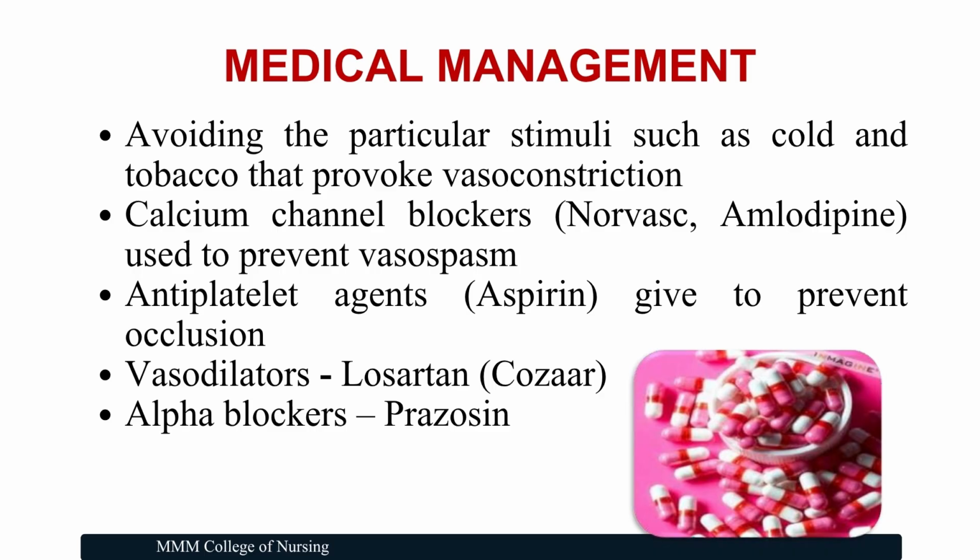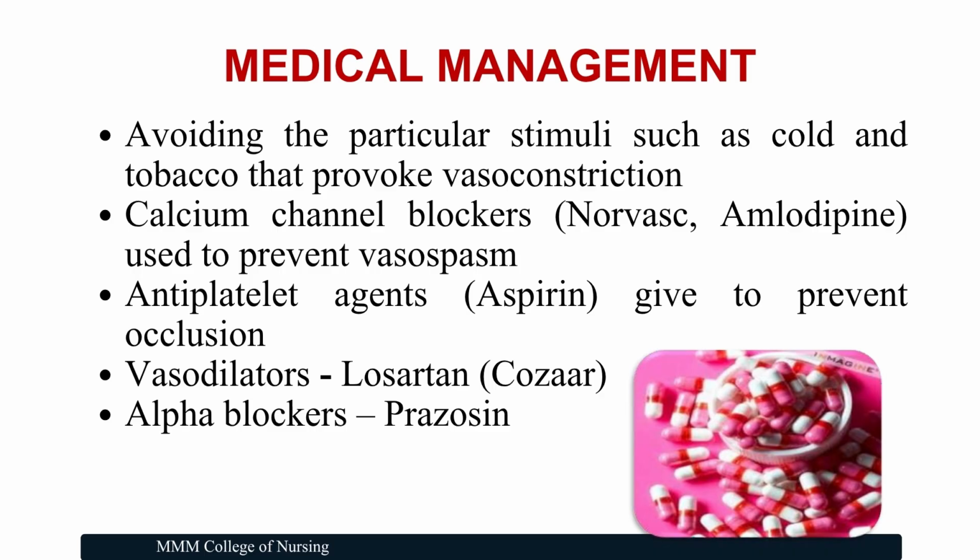So the first choice is calcium channel blockers. An example is amlodipine. What the calcium channel blockers do is relax the smooth muscle in blood vessel walls. So if it is relaxed, that means less vasospasm and fewer attacks. The next one is antiplatelet agents like aspirin. It will prevent clot formation.